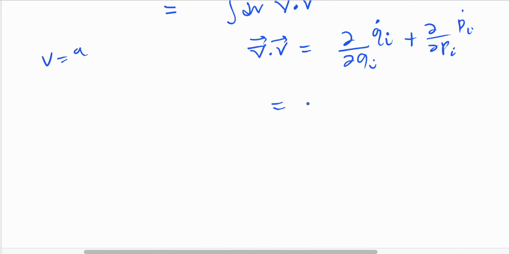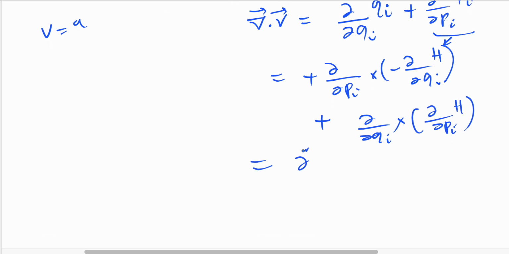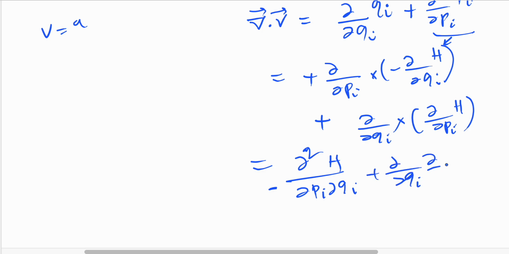So if I put it there, minus del pi into minus del qi H, plus del qi into qi dot, which means del pi H. It is nothing but del squared over del pi del qi of H minus del qi del pi of H.